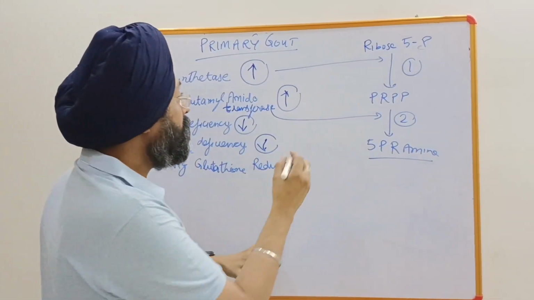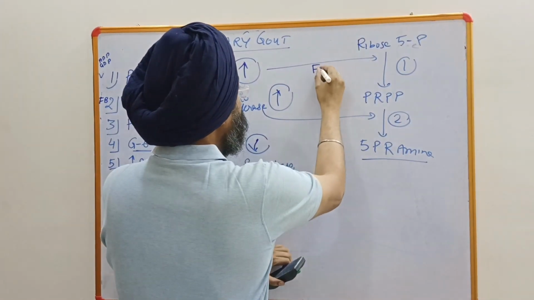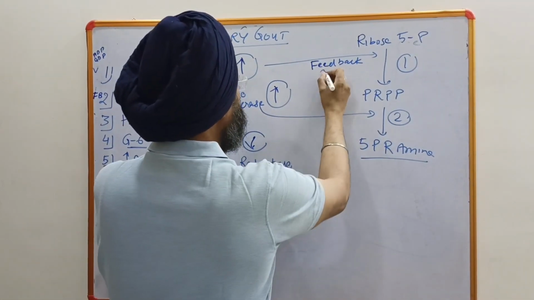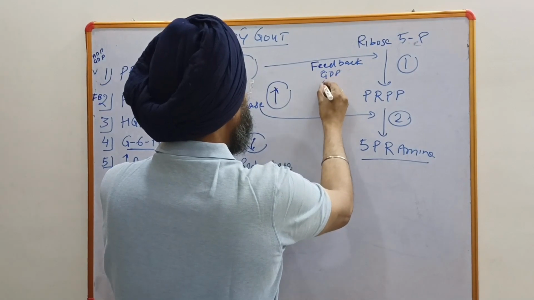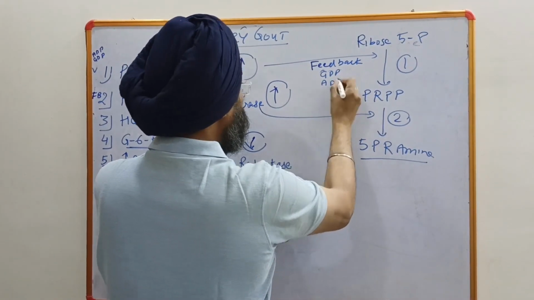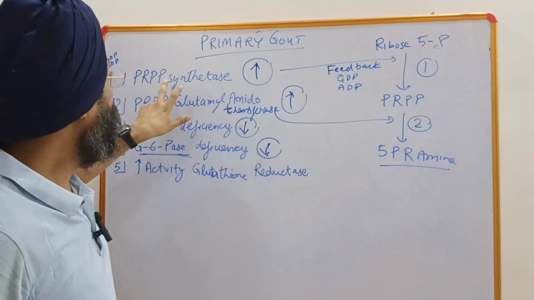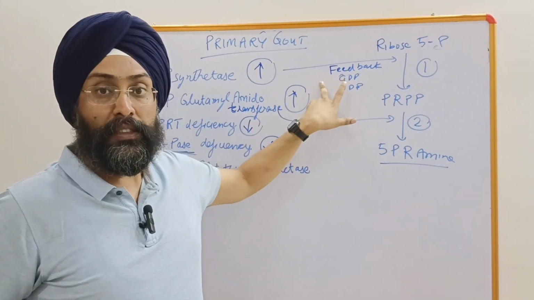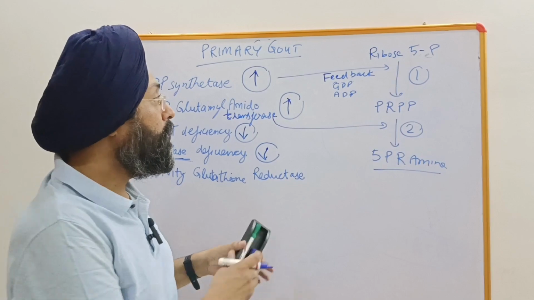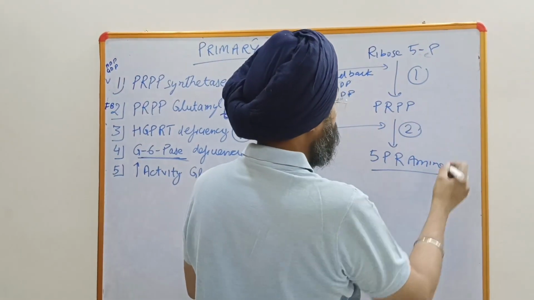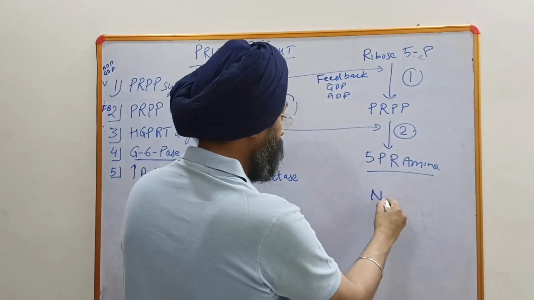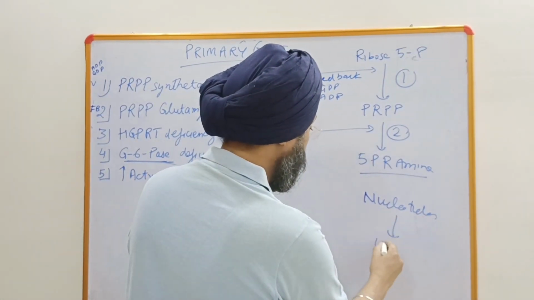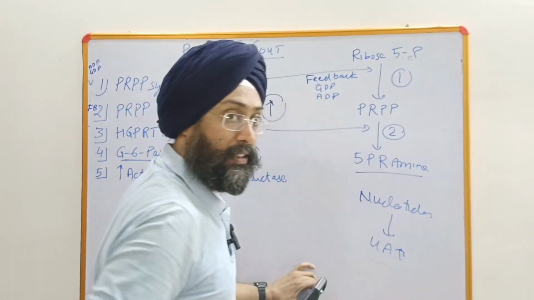So the problem comes when there is increased activity of PRPP synthetase. Why? Because it is under feedback control of GDP and ADP, right? But there is a variant form of this enzyme in which this tight feedback mechanism is not working, so ultimately leading to increased synthesis of nucleotides, leading to increased synthesis of uric acid, right?